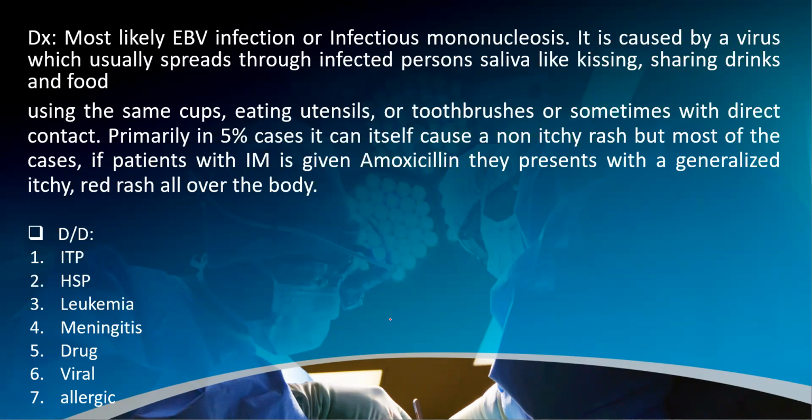Could be ITP or immune thrombocytopenic purpura, but the characteristic of the rash doesn't go with it. Could be Henoch-Schonlein purpura, again the characteristic of the rash and also the examination findings don't go with that. Okay, so this is how you will give your differential diagnosis.